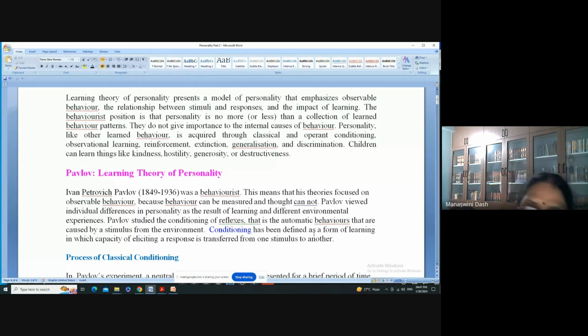So Pavlov gave the idea of classical conditioning, a form of learning in which the capacity of eliciting a response is transferred from one stimulus to another. That capacity on the part of a particular stimulus is transferred to another.